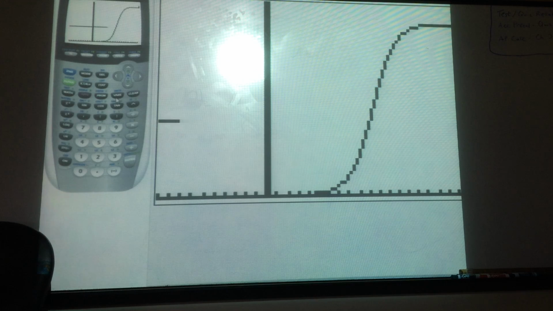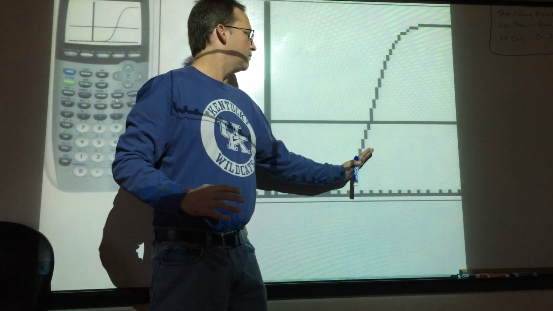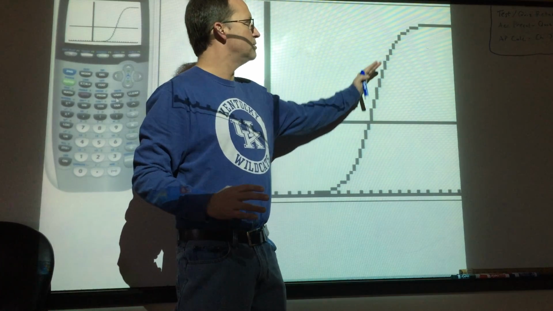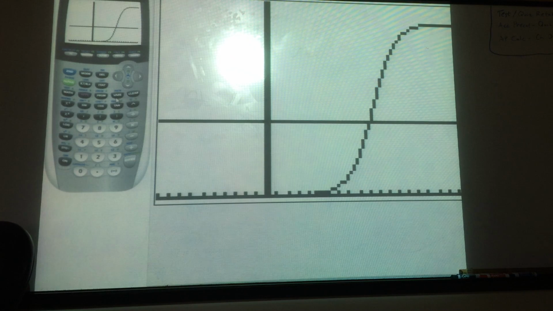And now you can start to see on this graph that there's a place where this graph starts to level off. There's a place where the graph almost kind of looks like it turns inside out, and the rate of increase is getting smaller. We're still getting more students that are infected, but not at quite a rate. And at y equals 5,000 up there, you can see where the graph goes horizontal a little bit, or nearly horizontal.